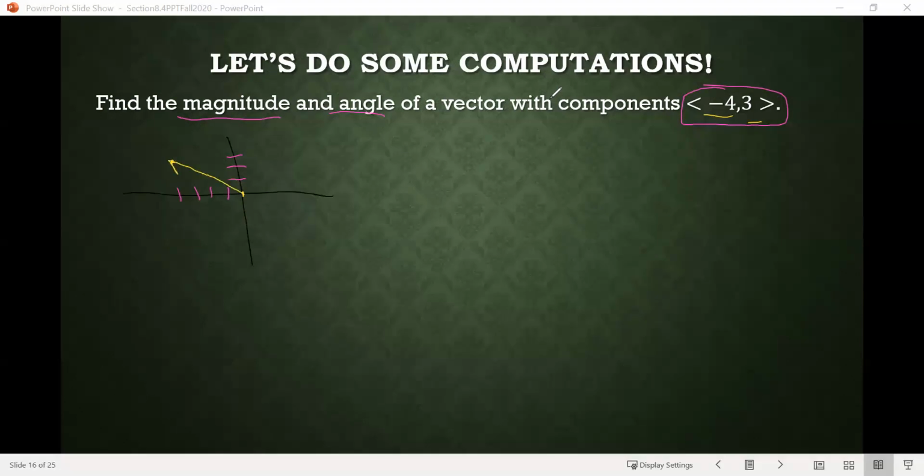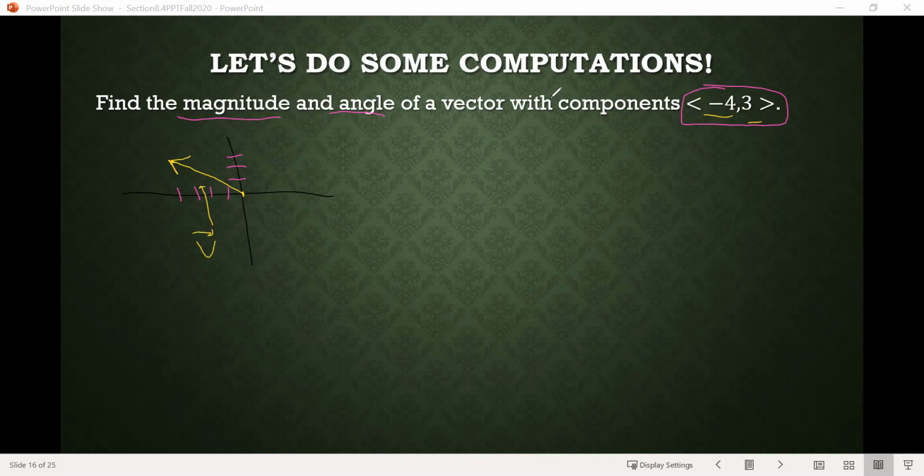So this is what our vector would look like, pointing in the northwesterly direction. We need to find the magnitude of this vector as well as its angle. So I'm going to call this vector v.